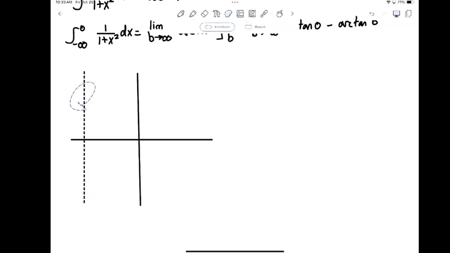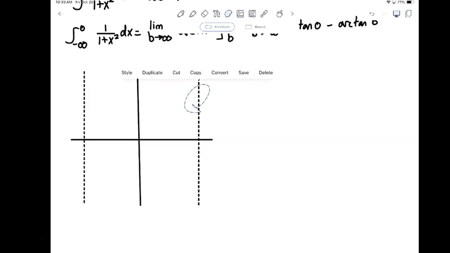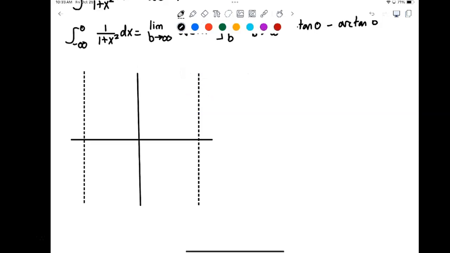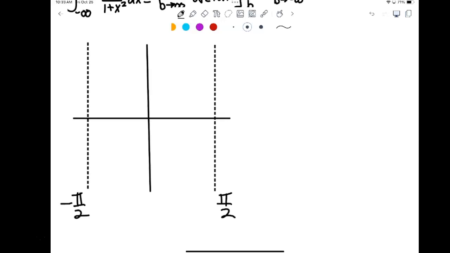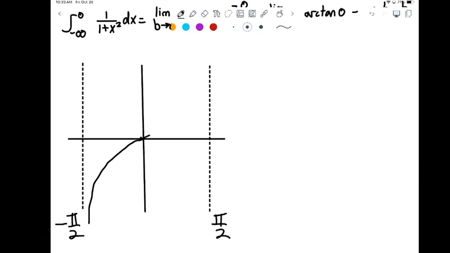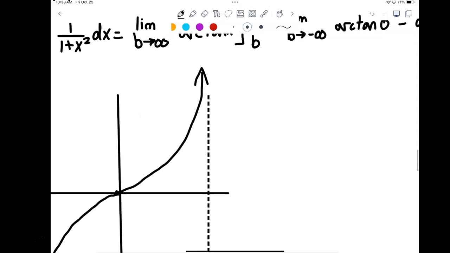Then I'm going to have another one over here at pi over 2. And then remember what the tangent graph looks like here. So here we are at negative pi over 2 and at pi over 2. The tangent graph is approaching from below, levels off towards 0, and then comes up again. Now that is the tangent graph.